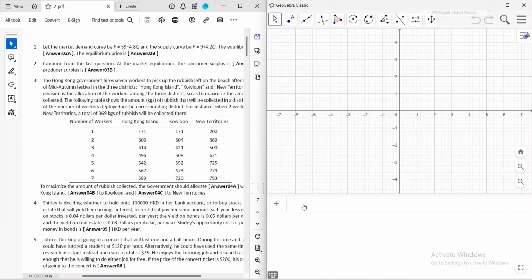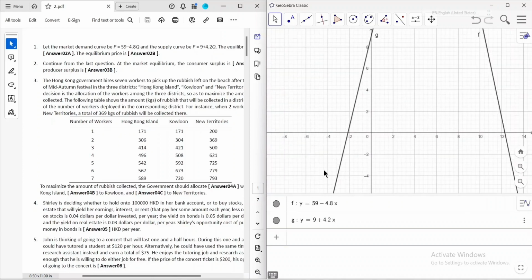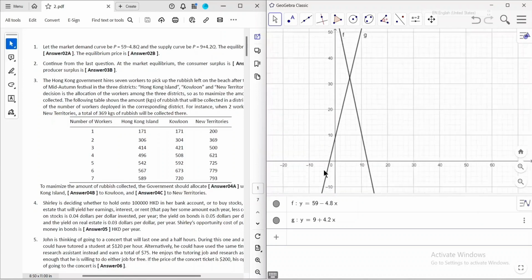So the demand curve is y equals 59 minus 4.8x, and the supply curve is y equals 9 plus 4.2x. Let's see where the intersection is.